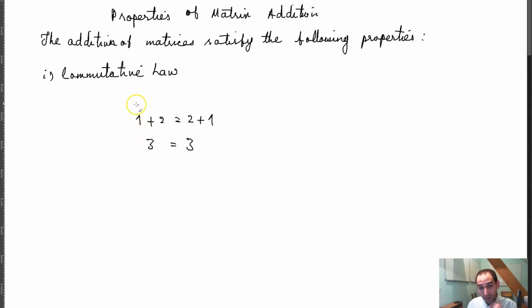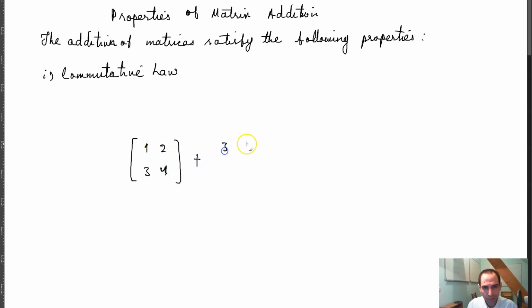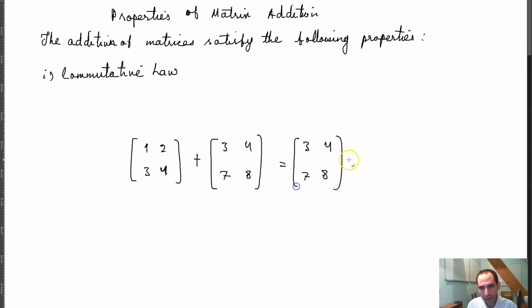Now the commutative law, as it turns out, works for matrices as well. You have 1, 2, 3, 4 as a matrix, and you have, for example, 3, 4, 7, 8. You add these together, and that's going to be the same thing as 3, 4, 7, 8 plus 1, 2, 3, 4.